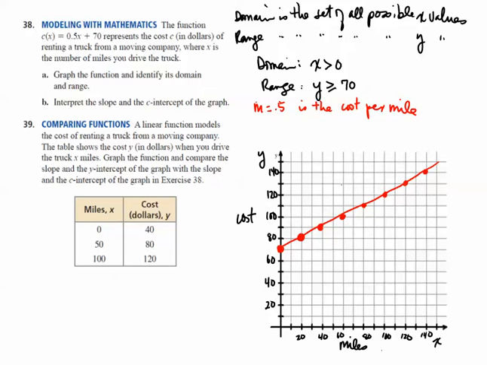And the c-intercept, which is the cost where the graph crosses the y-axis, is at 70. That is the initial cost.